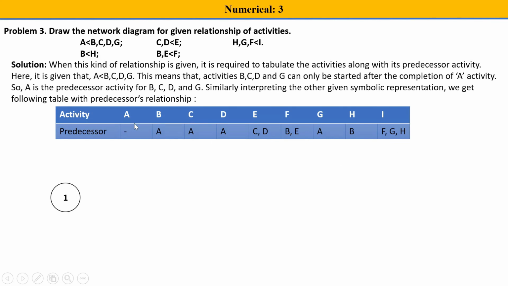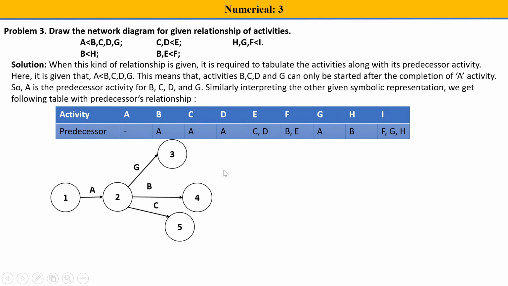Okay, so let's start. Once again, draw the network diagram. Over here there is only one activity which has no predecessor, so let's draw A. Now B is coming from A, C is coming from A, D is coming from A. Now you can see E is coming from C and D, so D remains over here.